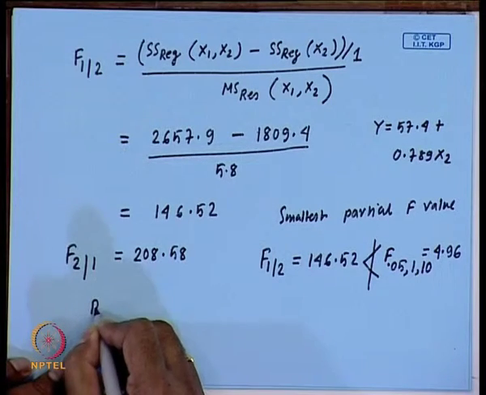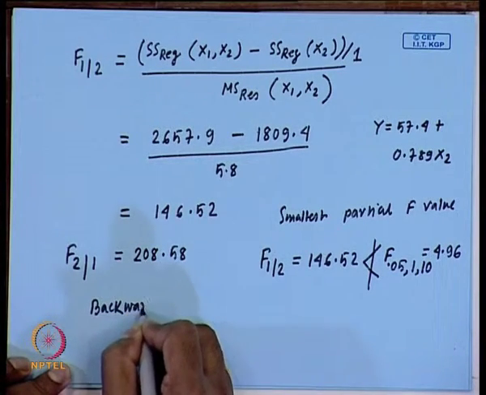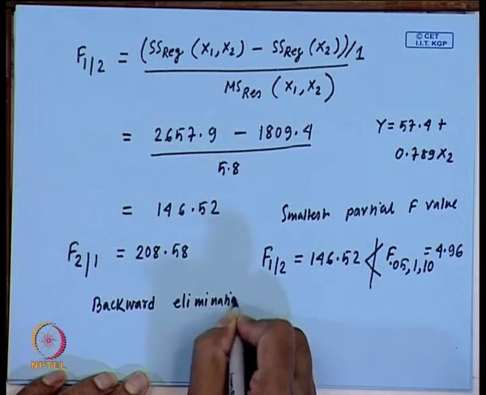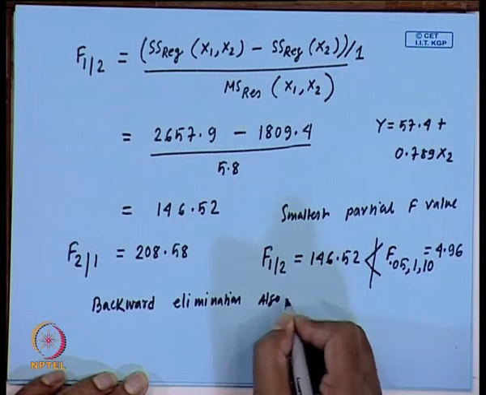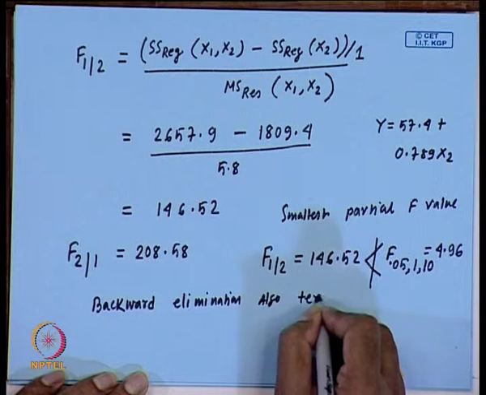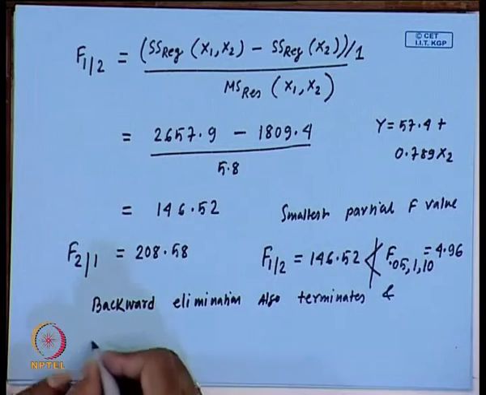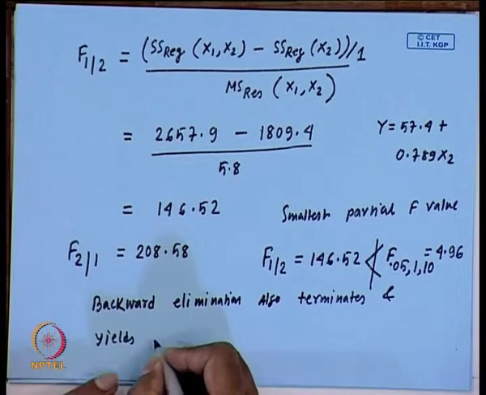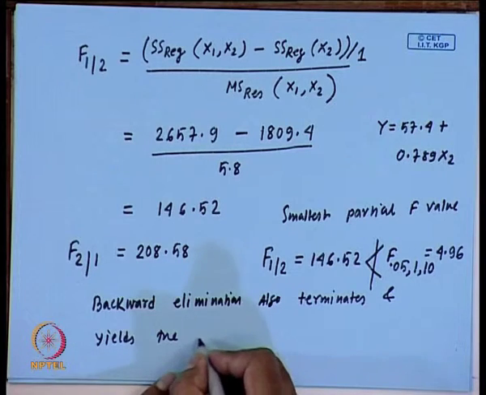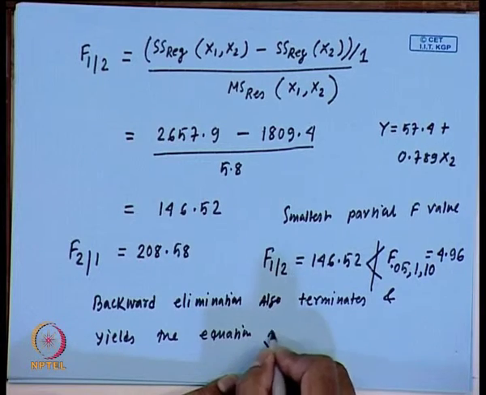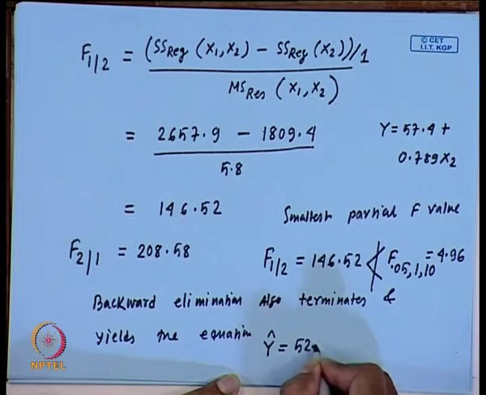So, the backward elimination algorithm terminates here. Okay. So, here we say that the backward elimination algorithm terminates, and yields the final equation: y hat equal to 52.58 plus 1.468 x1 plus 0.662 x2.